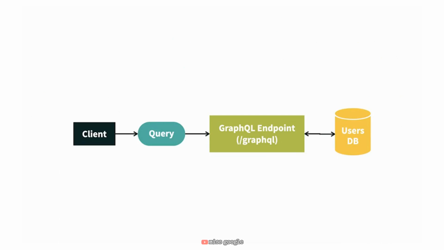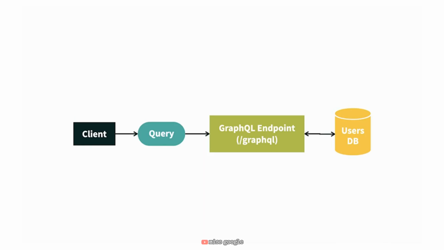Let's assume we have users' data stored in a database in our system. Each user has a name, email, and address, and we want to expose the user's data via an API. The GraphQL request flow from the client side will be to make a request to our GraphQL endpoint by defining the query data or information structure of the user's data we're interested in.